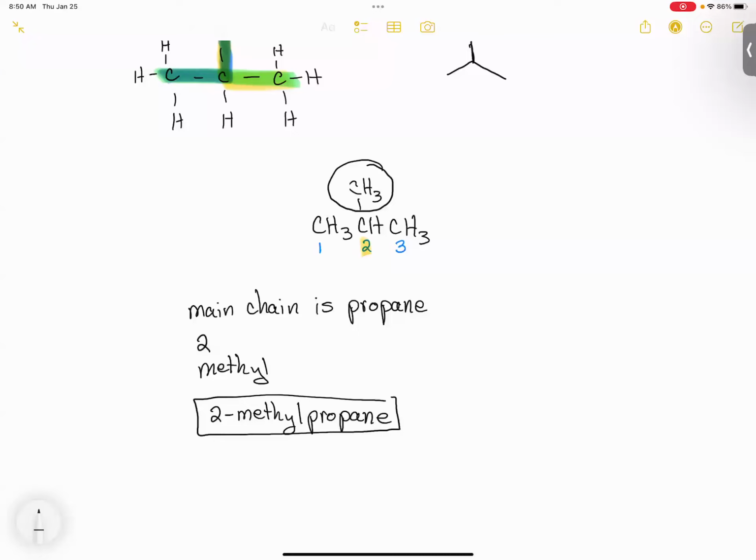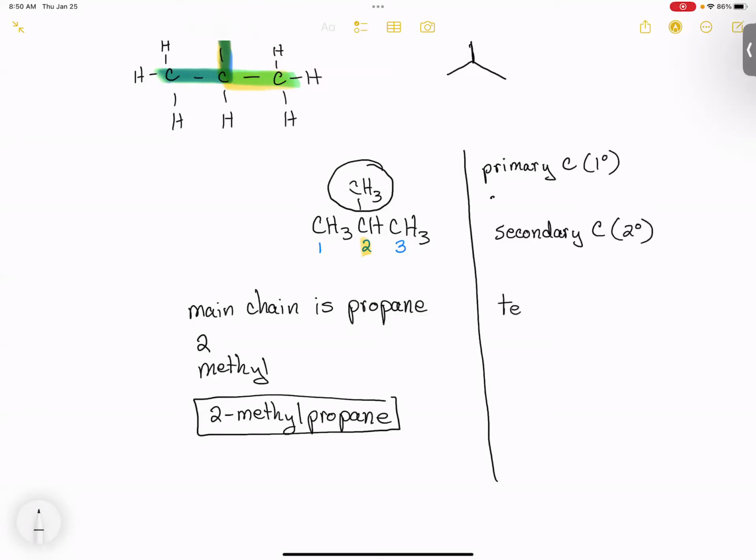Now, before I move any further, there is one more thing that I wanted to discuss related to these carbons. And that is the term primary carbon, secondary carbon, tertiary carbon, and quaternary carbon.